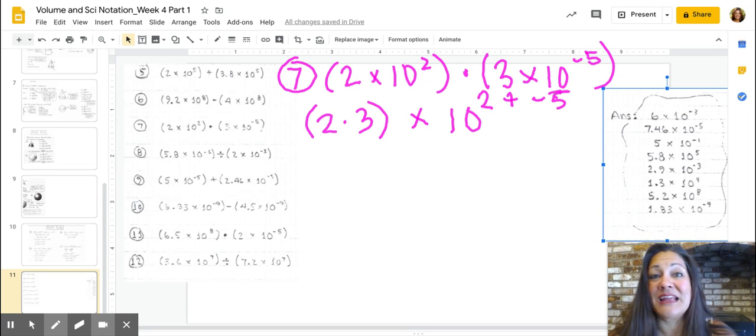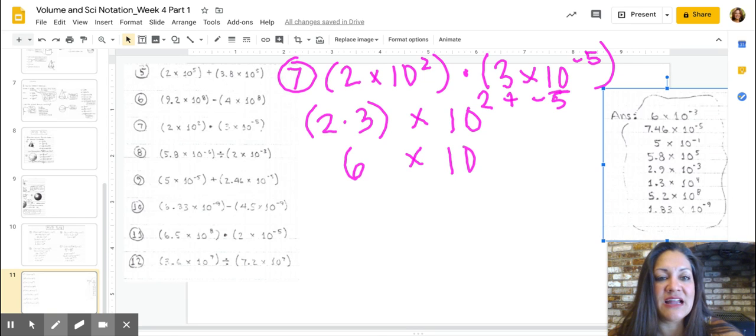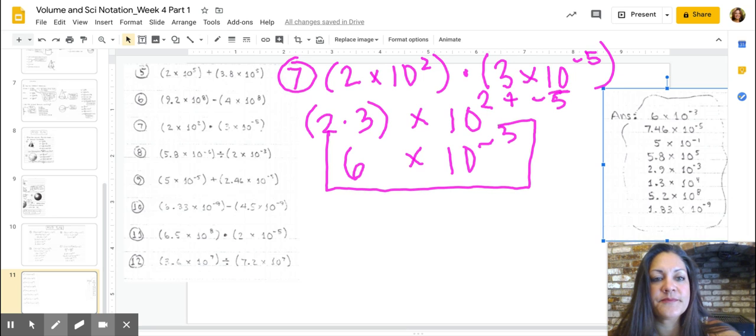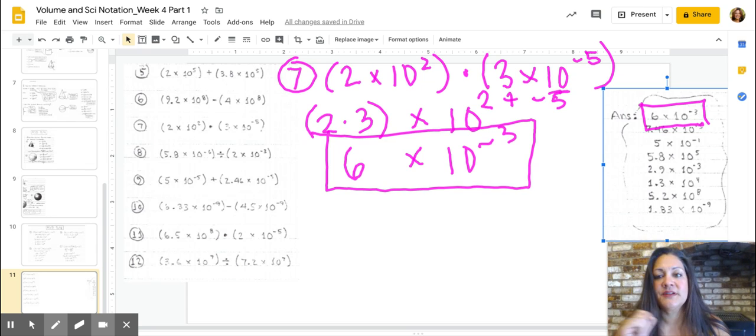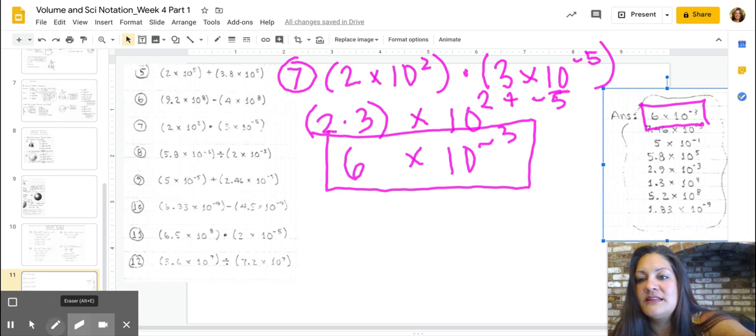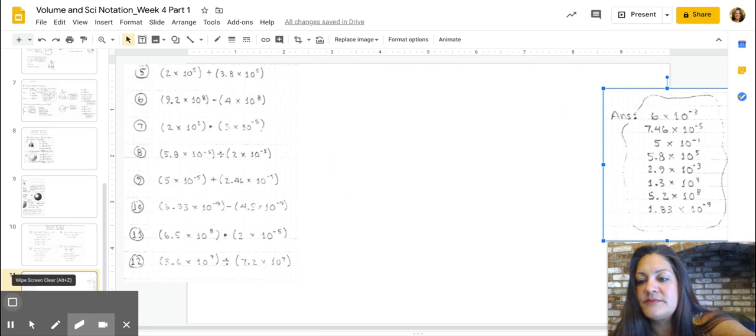Okay, so we're going to add the exponents. So 6 times 10, and we say 2 plus negative 5 is going to be negative 3. There it is at the top. Good.